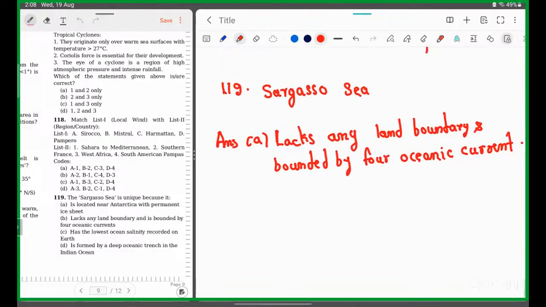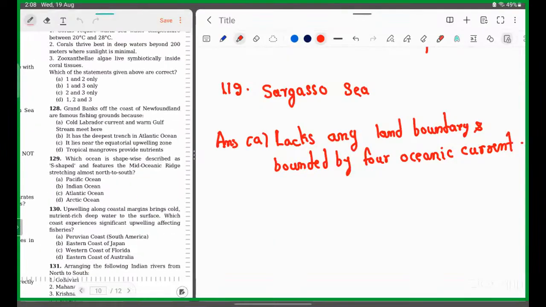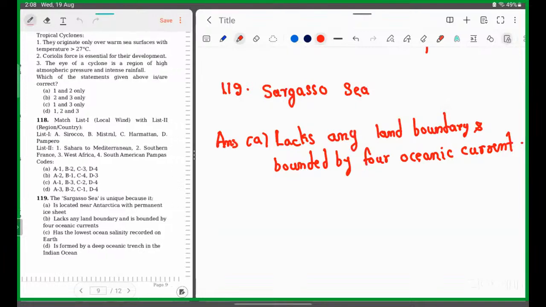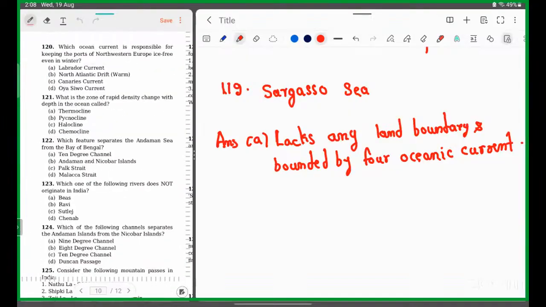Coming to question number 120, the oceanic current responsible for keeping the ports of northwestern Europe ice free in winter.